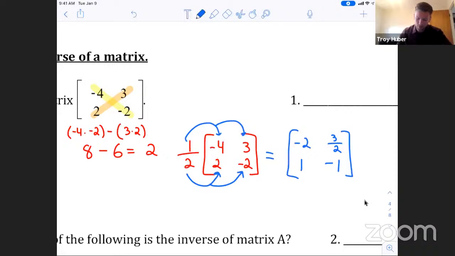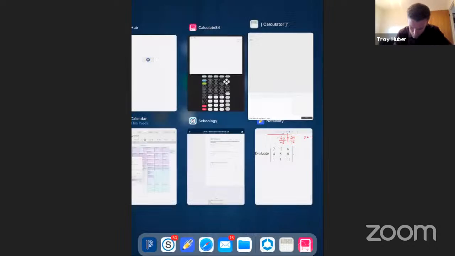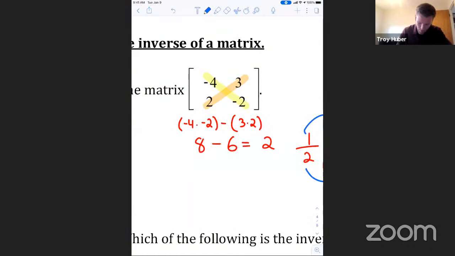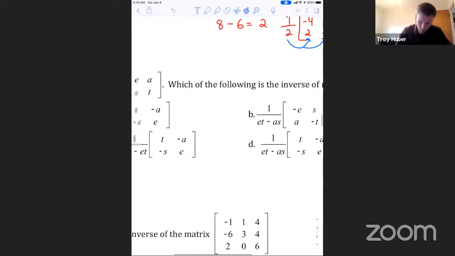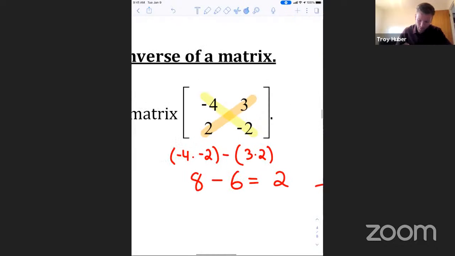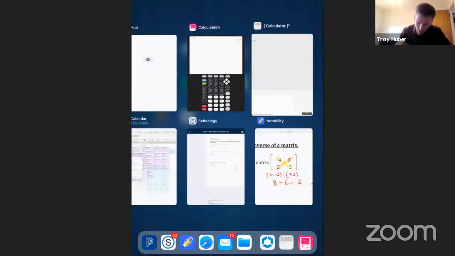So I'm just going to plug this into that app that we were just using. Sorry, it kind of flips my screen. All right, so we have -4, 3, 2, -2.